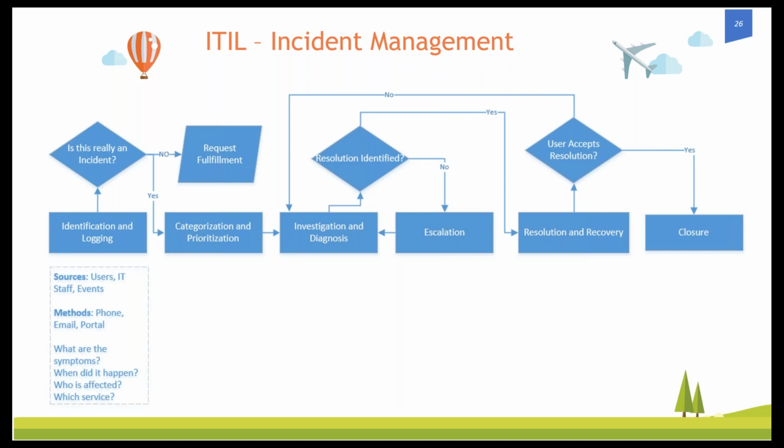Depending on exactly what you have going on, you might need to classify those a little bit differently, which we'll touch on in a sec. But an incident can come from pretty much any source, from any method. So a user could call in, they could email in, they could use the portal.